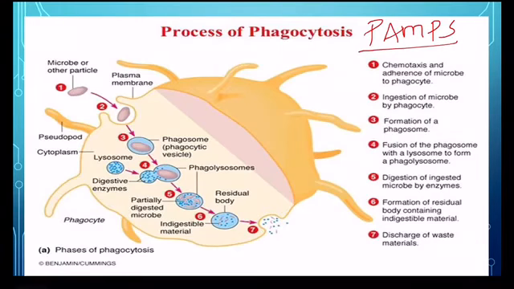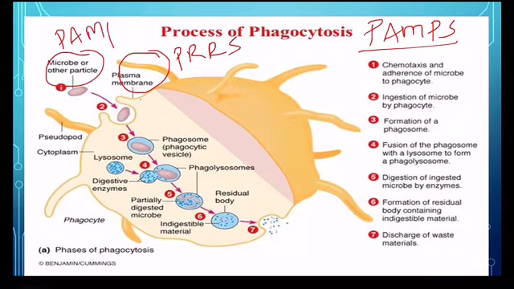These PAMPs now bind to the phagocytes. The receptors that are present on the phagocytes are called PRRs. It may be a microbe or any harmful, foreign particle, and it should bind to the macrophage. The receptors present on the macrophages, the phagocytes, are called PRRs, whereas the microbe has PAMPs.